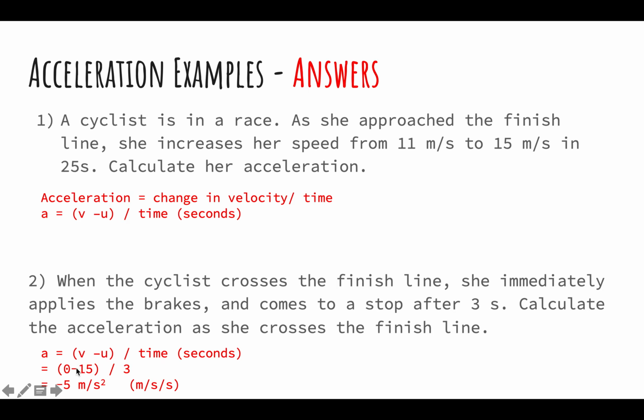If we plug those numbers in, we get minus 15 divided by 3, which gives us minus 5 meters per second squared. So she's slowing down by 5 meters per second every second. So it'll take her 3 seconds, as it says in the question. Okay, so it's negative because she is slowing down.